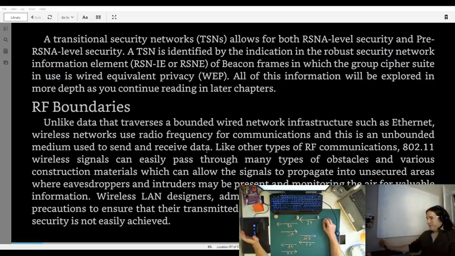Like other types of RF communications, 802.11 wireless signals can easily pass through many types of obstacles and various construction materials, which can allow signals to propagate into unsecure areas where eavesdroppers and intruders may be present, monitoring the air for valuable information.